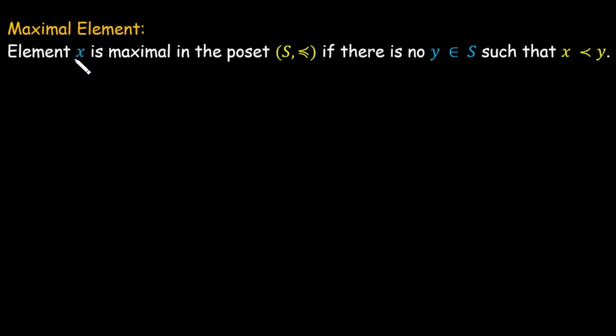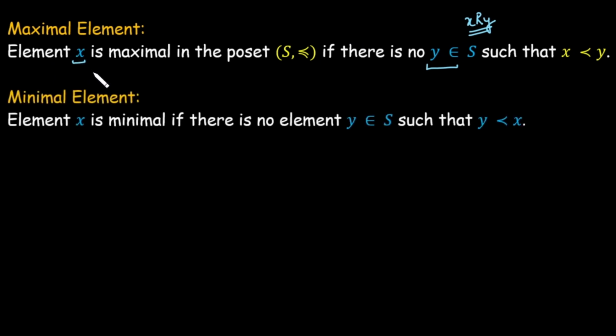In a general way, we can say that element X is called a maximal of the poset if there exists no Y such that Y is greater than X. So basically here the sign is not for greater than, it is related to the relation. Means there exists no Y such that X is related to Y. If we have such a scenario, then we can call X a maximal.